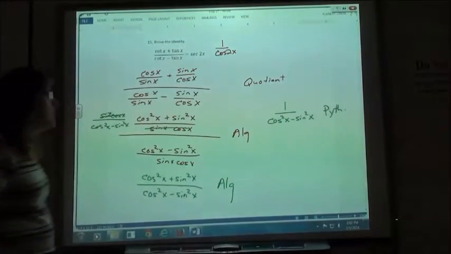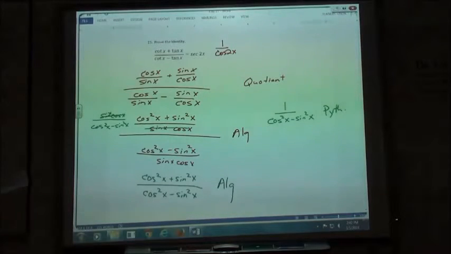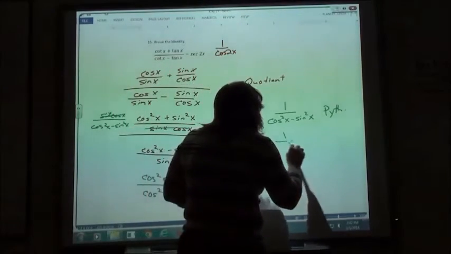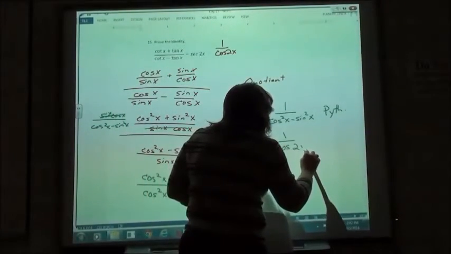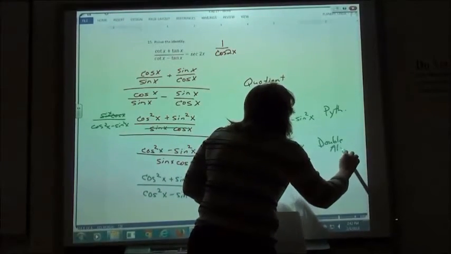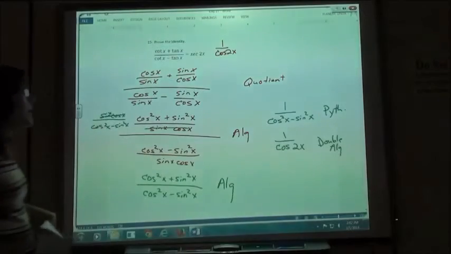Sine squared plus cosine squared equals 1. And then if I look at my double angle identity, cosine squared minus sine squared is one of my double angle identities, which is the cosine of 2x. So I'm going to have 1 over cosine of 2x using my double angle identity.